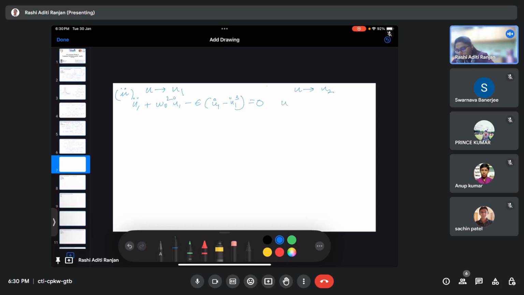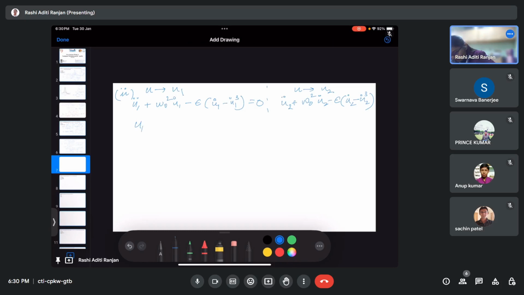Now, when I replace u by u2, the equation becomes u2 double dot plus omega naught square u2 minus epsilon u2 dot minus u2 dot cube. Okay, now if we add them, what is going to happen?